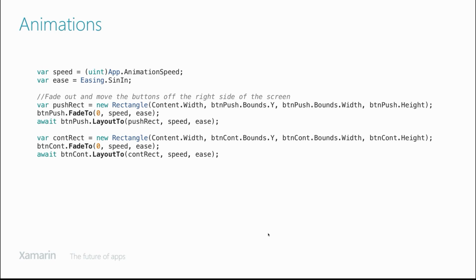And all we're doing is fading it, and we're not awaiting this fade, and then we're doing a layout. So we're changing opacity and then translating this to move to the right side of the screen. And we can do those combined by just not awaiting the first one. And you can overlap them too by awaiting a fraction of the next animation speed. So easy to overlap, easy to combine.